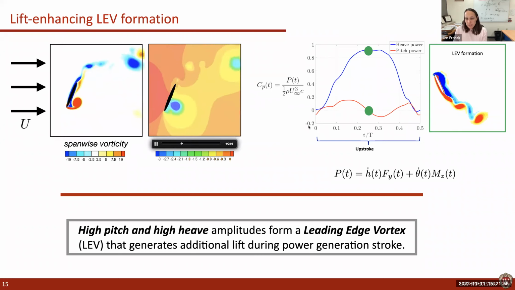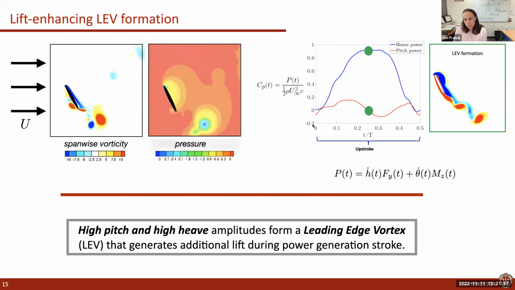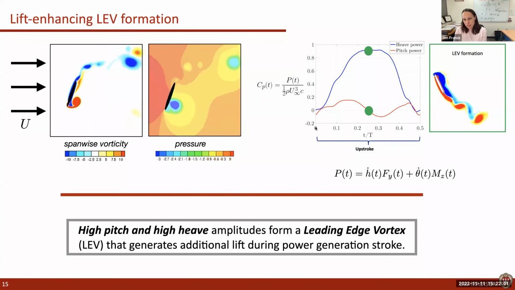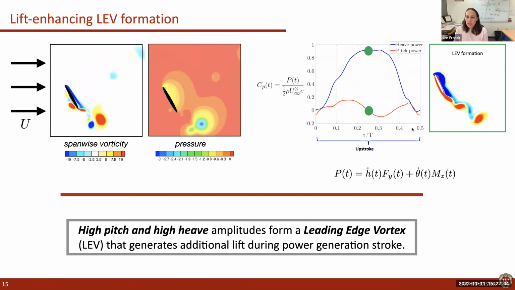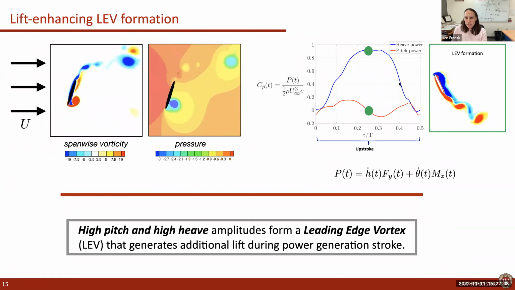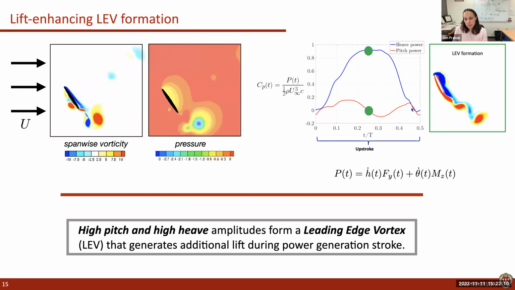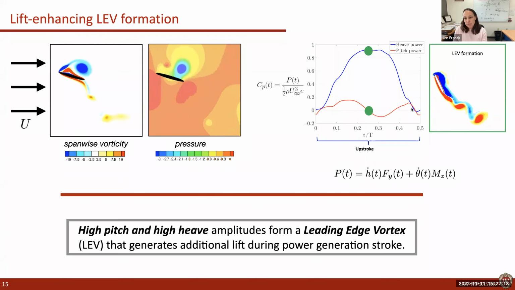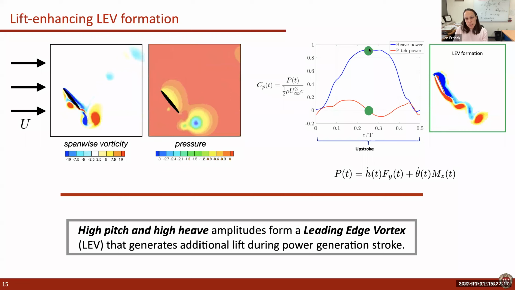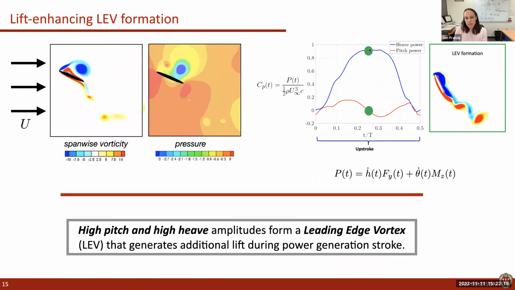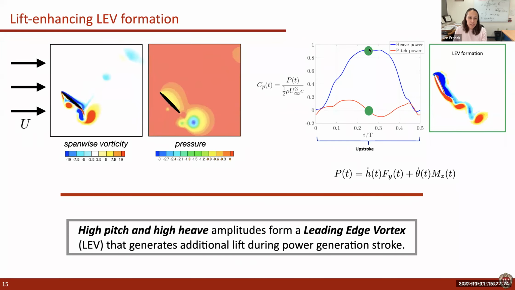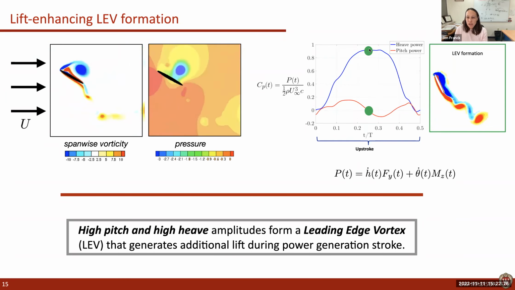And if you look at the power as a function of the half stroke here, again because it's symmetric, I'm just showing the upstroke. You can see that most of the power in the blue line is generated from this heaving motion, right? So the lift force times the velocity. If you compare different kinematics, you'll see that the most efficient foils are really taking advantage of this leading edge vortex.